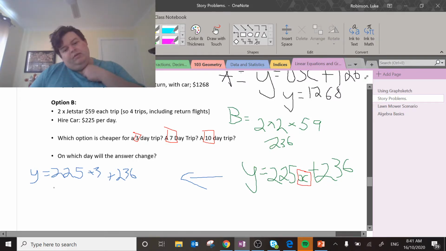That's my math skills now. What did I say? 675 plus 236. $911. Alright, so for 3 days, $911. That means that that's cheaper than the Spirit of Tassie.